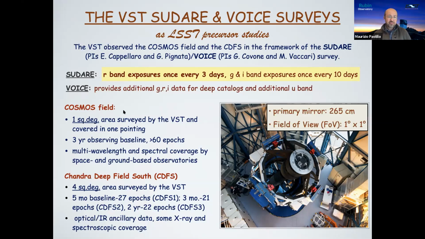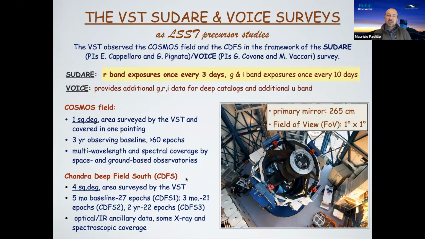In particular, I will be talking about the COSMOS field, in which the VST observed 1 square degree over, by now, a 3-year observing baseline with more than 60 epochs, and the Chandra Deep Field South, in which we cover a larger area of 4 square degrees, but each field was observed for only 1 season, basically, with some of the others having a slightly longer baseline.